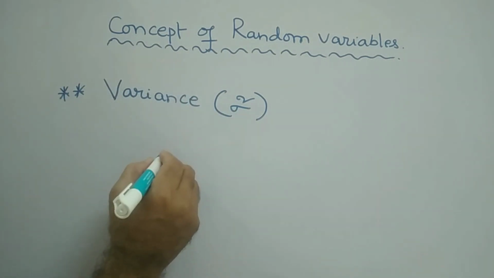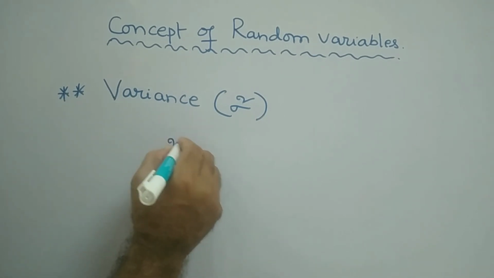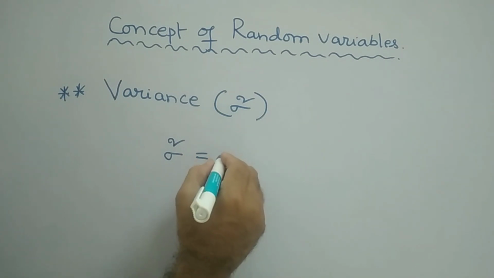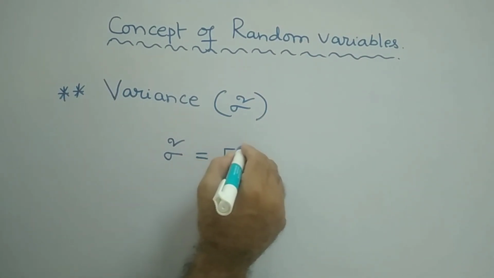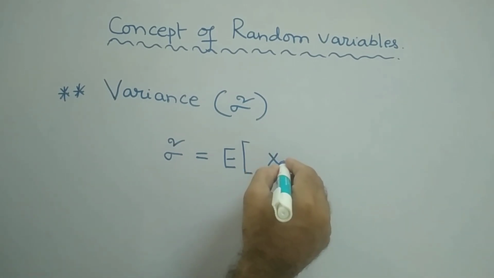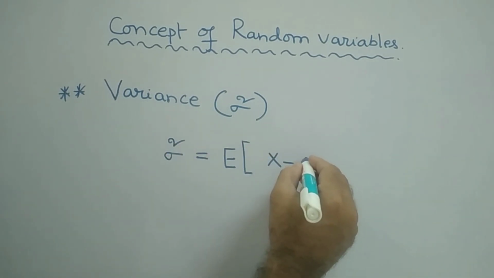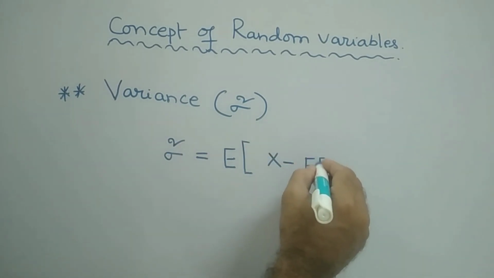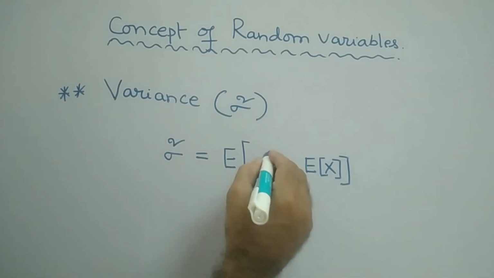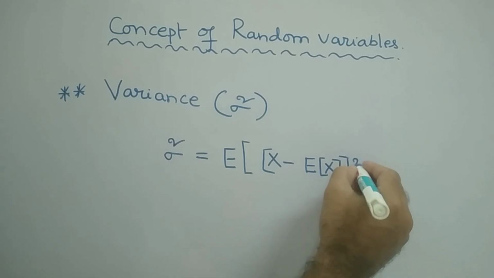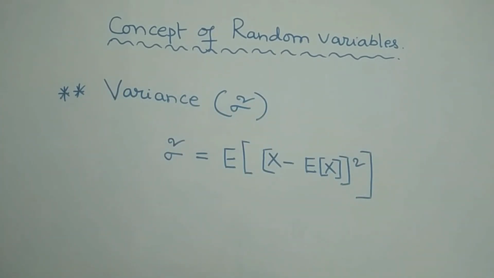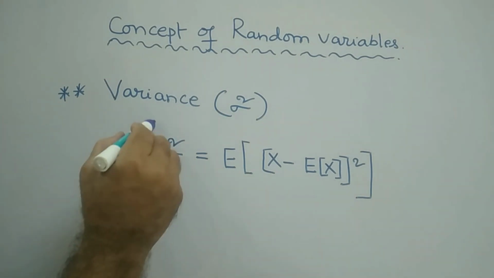So sigma square is mathematically given as, sigma square is nothing but expected of, there is a formula for this, it is the expected of random variable x minus its mean value, means E of x. Take the whole square in between. If you consider this, that is the formula for the variance.